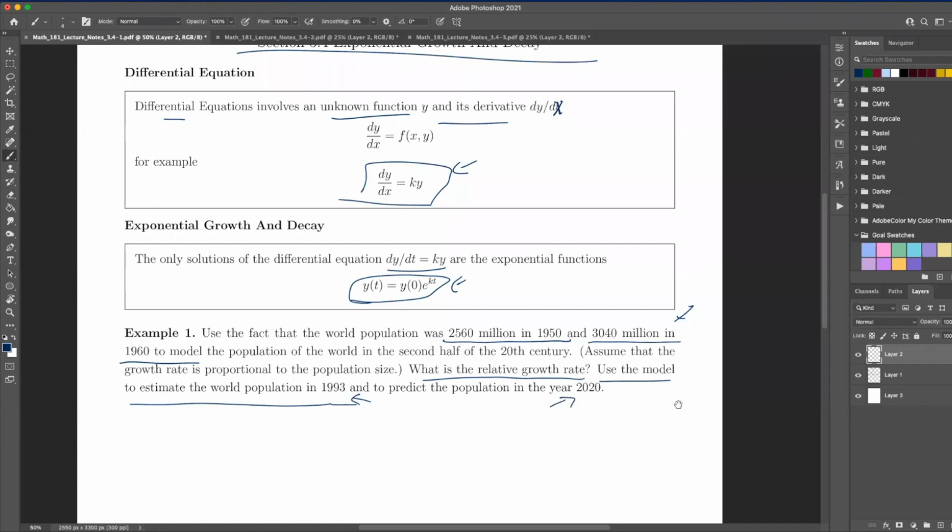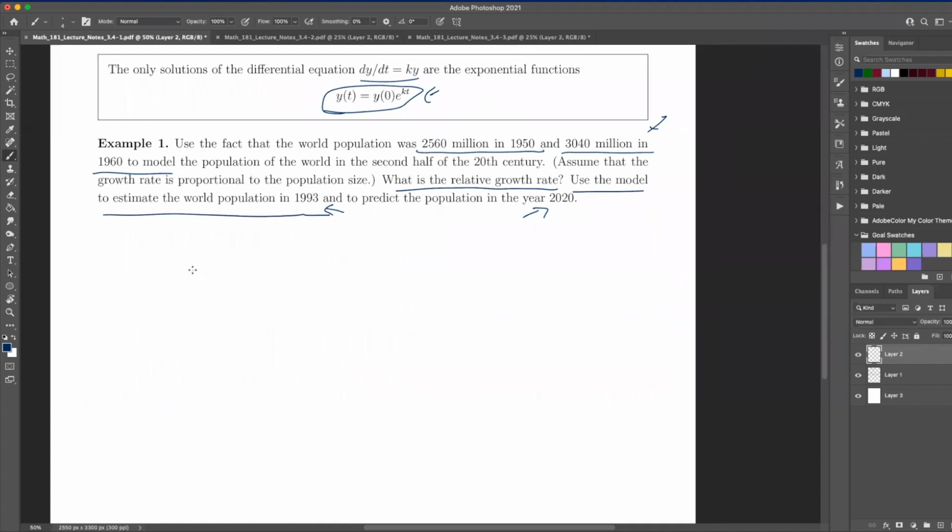So what do we have here? We're going to say the following. We need to go ahead and establish what time zero is. So we're going to say time is equal to zero when it's 1950. This is pretty standard when you're working with populations.